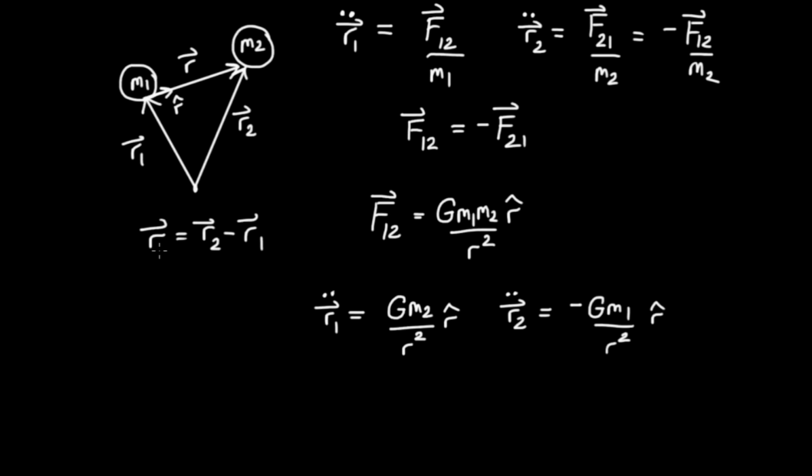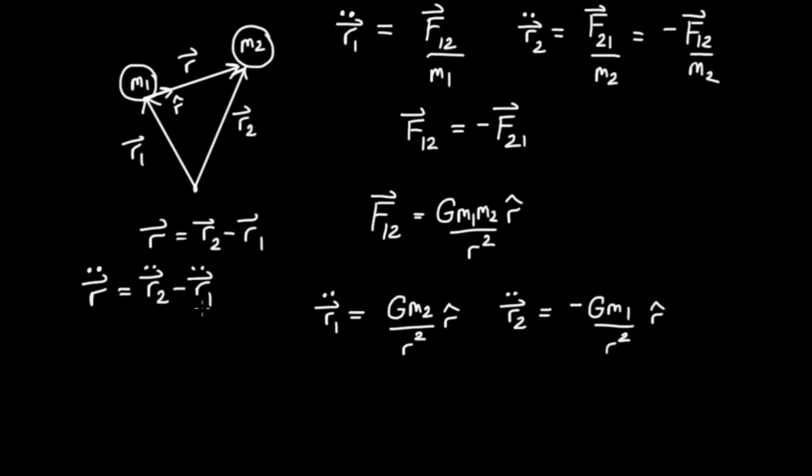Next, I'm going to return to r, which is that relative displacement vector, r2 minus r1. I'm going to take two time derivatives, and what I'll find is that r double dot is equal to r2 double dot minus r1 double dot. So what that's saying is that the acceleration of this relative displacement vector r is equal to the difference of these two accelerations here.